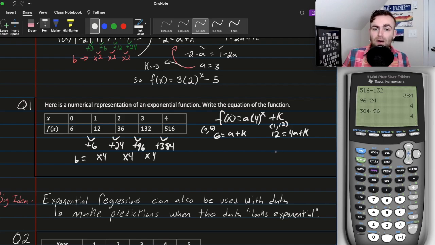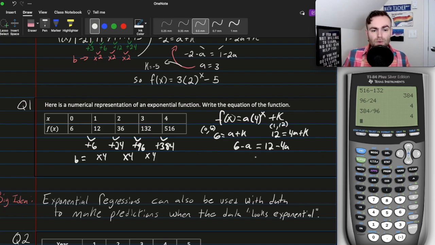Now, you notice that both of these have a k, just a regular k. So if I solve these for k, I would get 6 minus a is equal to k, and 12 minus 4a is equal to k. So I can set those equal to each other.